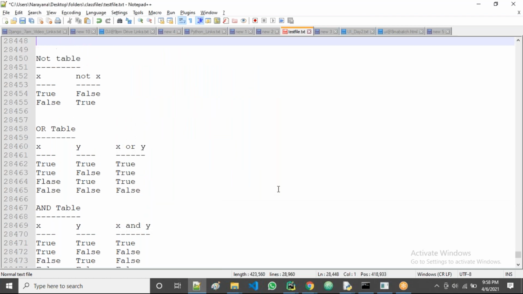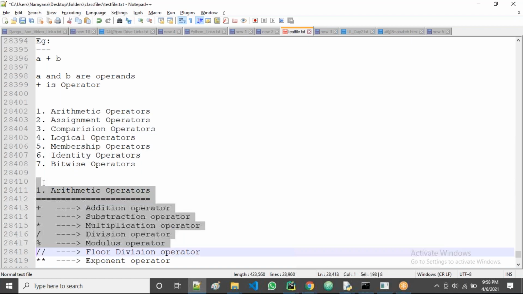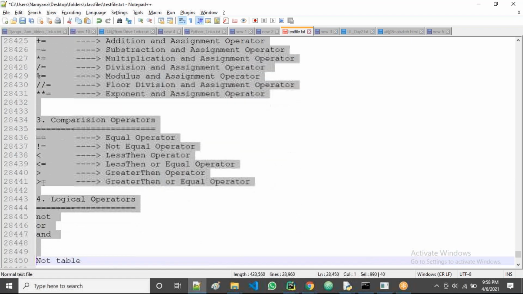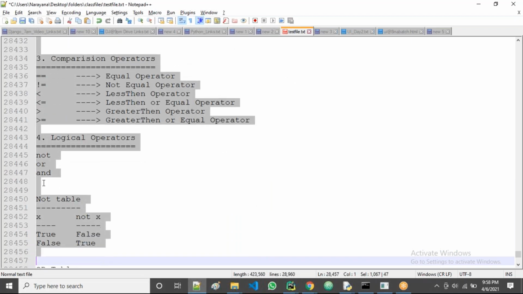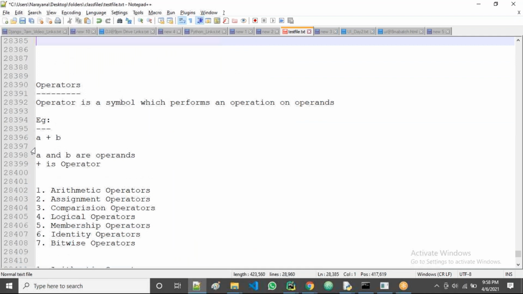So yes guys, what we tried here is to discuss arithmetic, assignment, comparison, and logical operators, guys. Try to work with all these operators. So what is an operator, guys? It is a symbol which performs an operation on the operands.